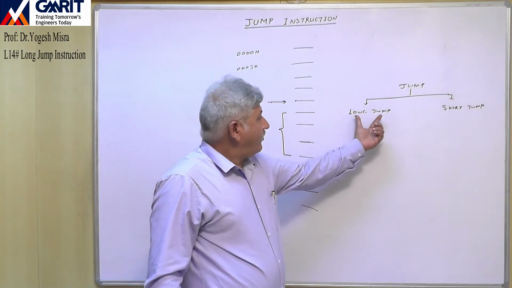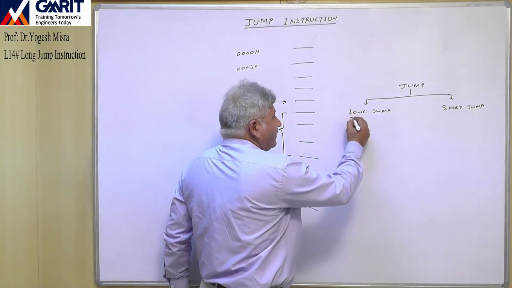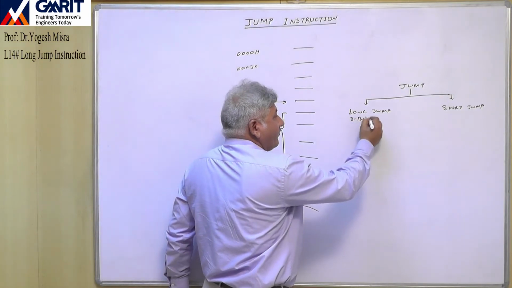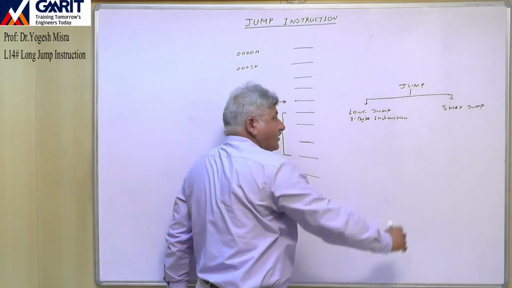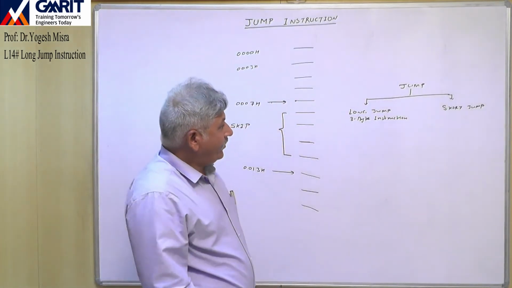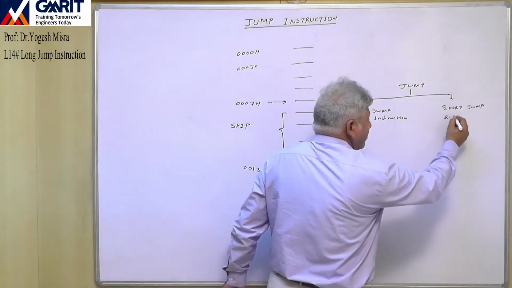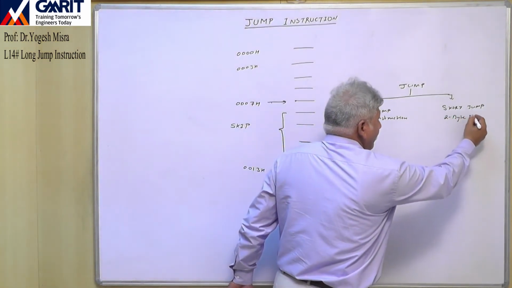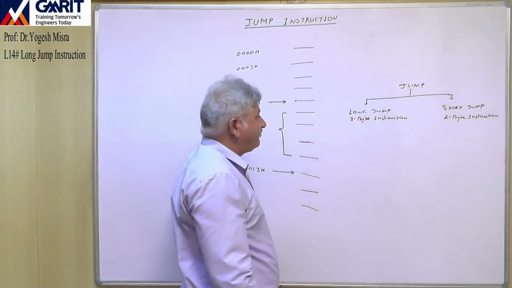The long jump instruction is a 3-byte instruction, whereas short jump is a 2-byte instruction.